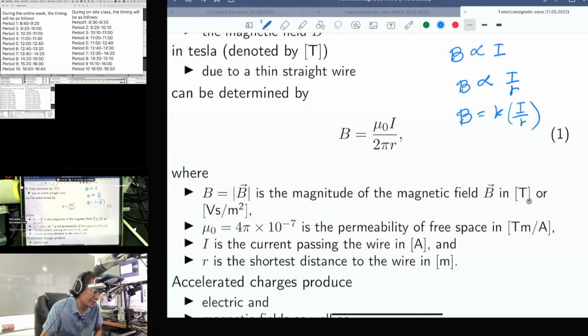So we dedicate our appreciation to Tesla by not saying volt second per square meter all the time. We will simply say this is Tesla. That's the same name as Nikola Tesla. You will see something about Nikola Tesla, I think, in the next chapter or something like that.